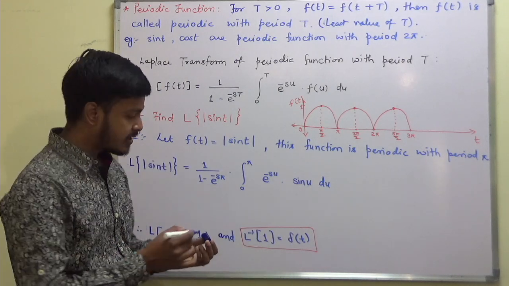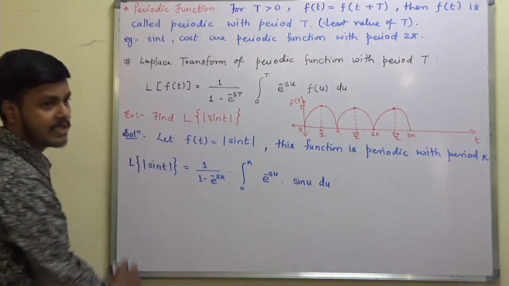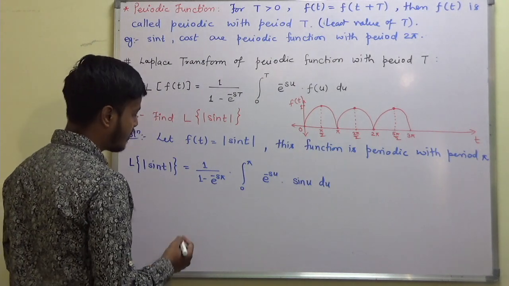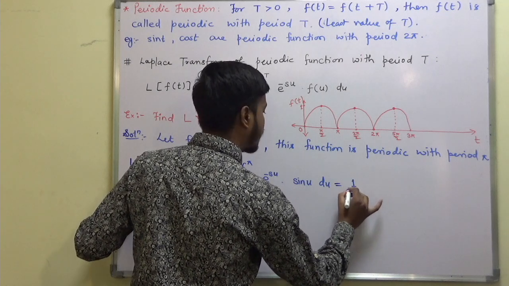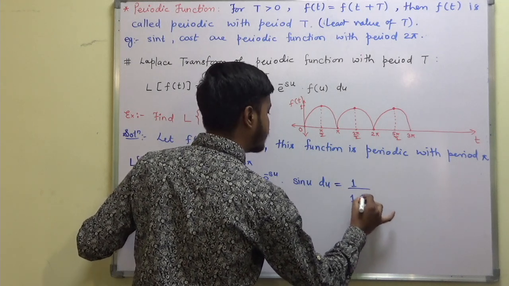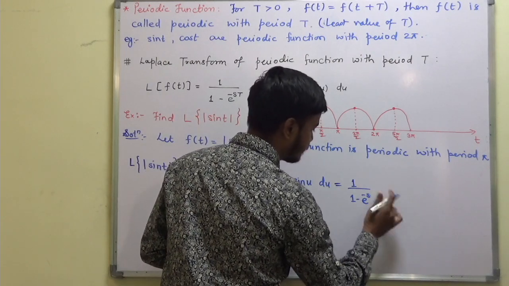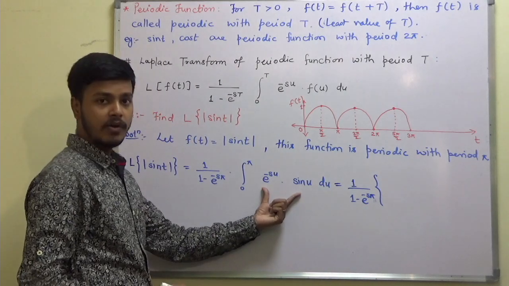Now you just apply the integration. This is a very simple thing, so you can easily write down the solution. This is 1 upon 1 minus e to the power minus s pi, and then apply the integration here.